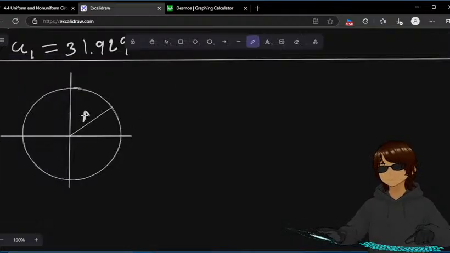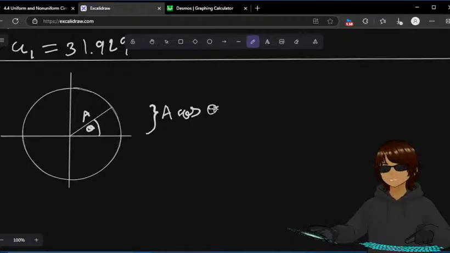So we have A, and then this part would be A cos theta, and then A sin theta.